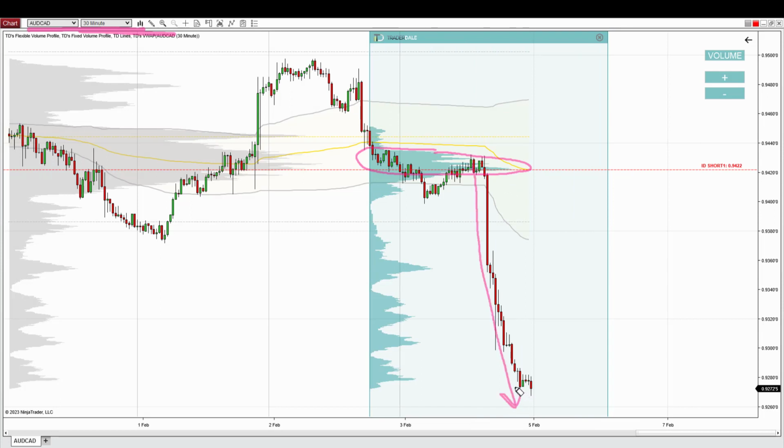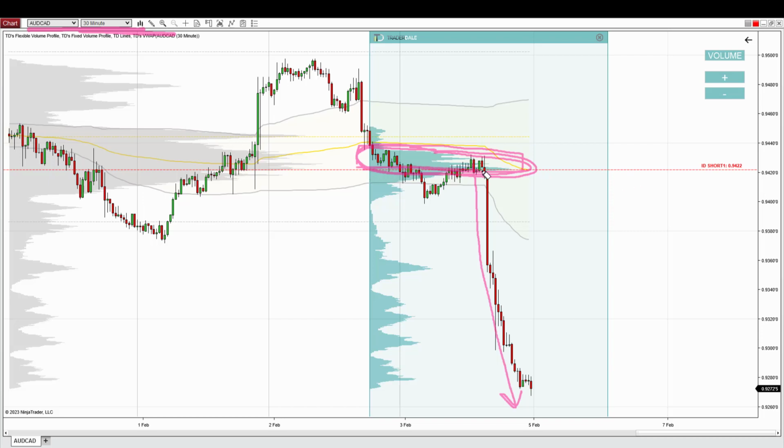Right, so the logic is more or less the same here. Sellers were accumulating their short positions in here, and then they manipulated the price to shoot downwards. This zone is still important for those sellers because they placed a lot of their shorts there, right?